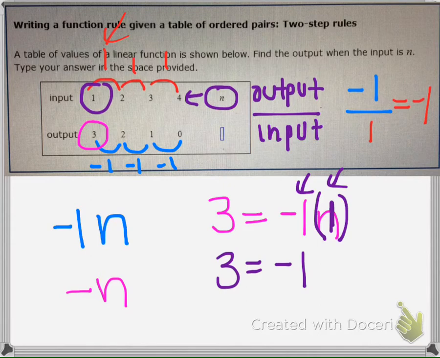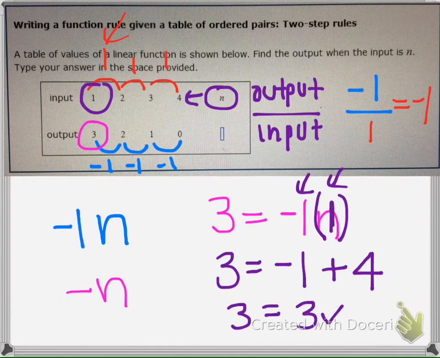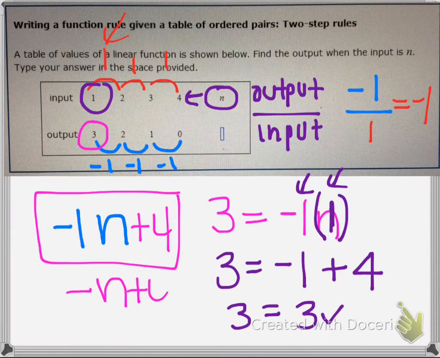So I'm thinking, what do I need to add or subtract to negative 1 to get 3? If I add positive 4 to it, then it would work. So the rule is to multiply by negative 1 and add 4. Either way is correct to write the rule.